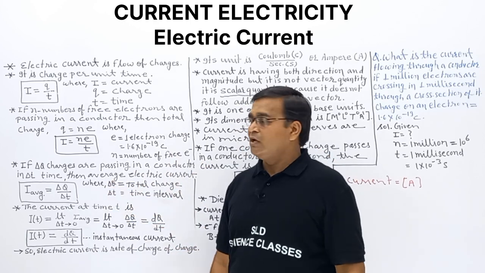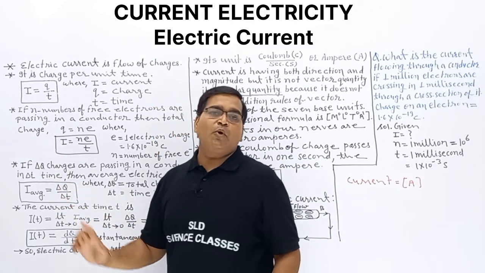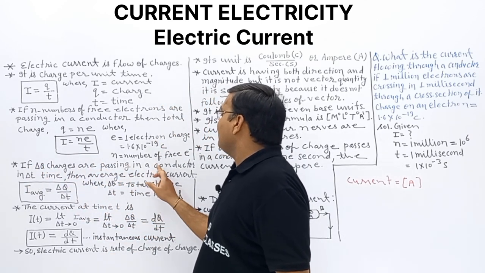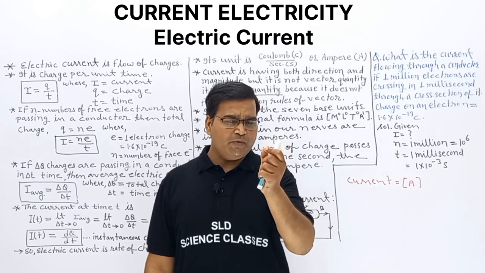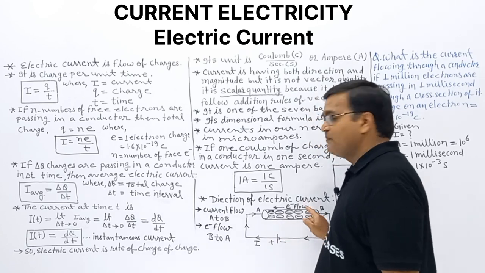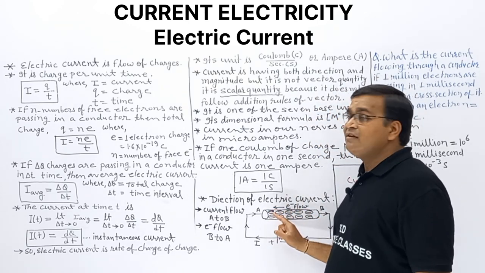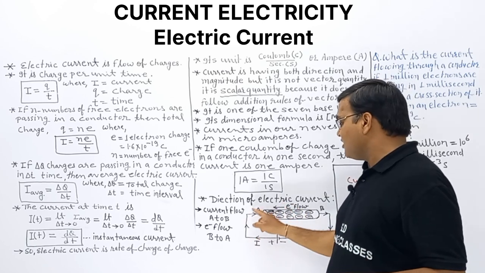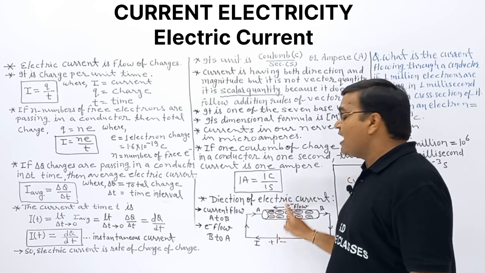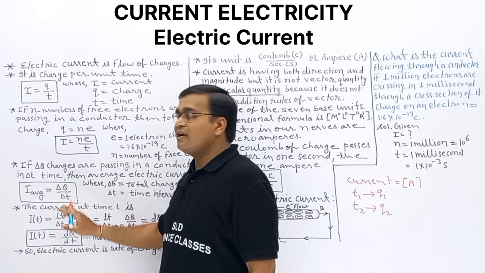The same process we will follow: delta Q upon delta T. Observe, if delta Q charge is passing through a conductor, and we want the average, then delta Q is the total charge and delta T is the time interval.